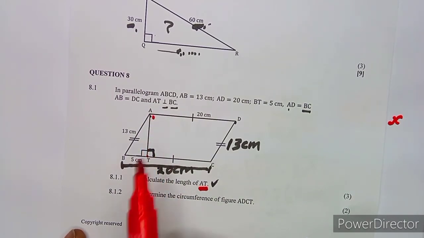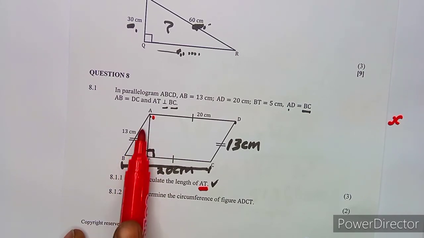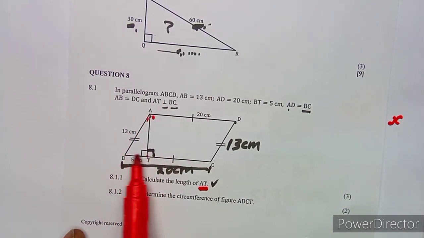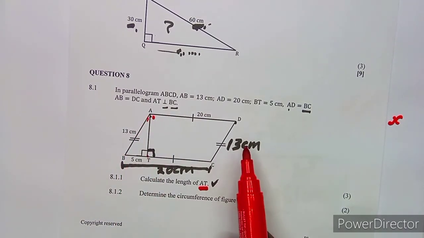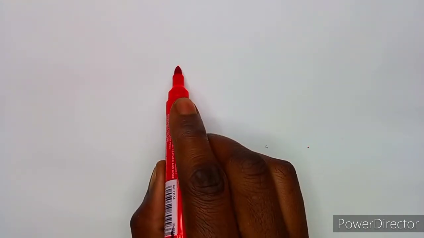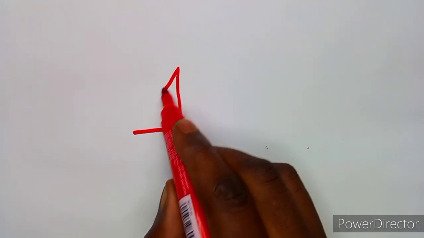Looking straight here, we can see that this piece is a right angle triangle, ABT. So look guys how we are working with these right angle triangles. This is the part that I just want to remove from that. I'm just going to remove that part of ABT like this.